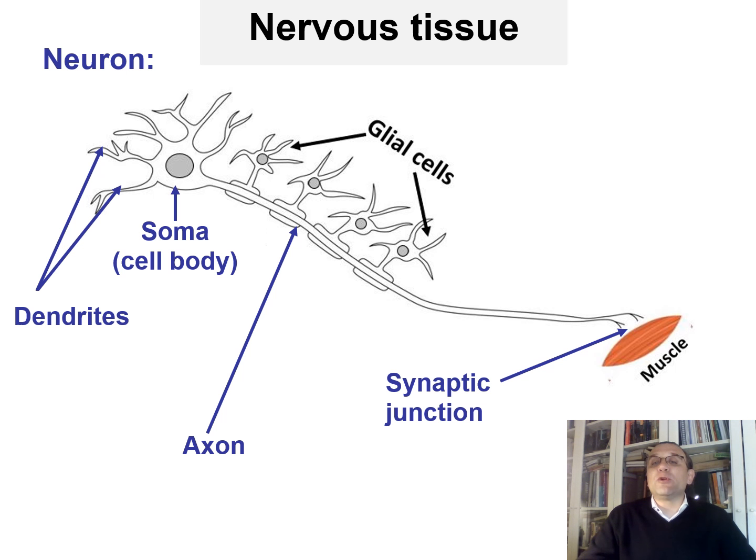Axons transmit impulses away from the cell body. The axon terminates in the synaptic junction, and this joins or synapses with other neurons or with cells of effector organs such as muscles or glands.